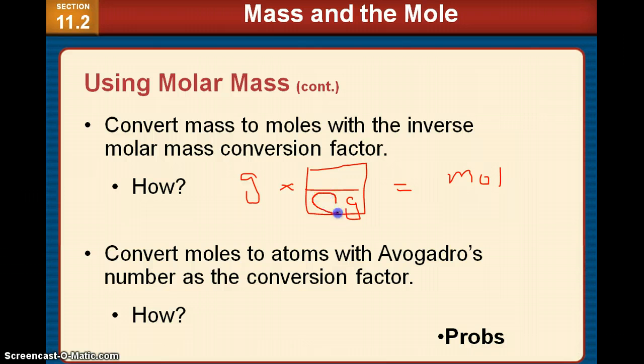Grams, which is my molar mass, with 1 mole on the top, so that grams and grams disappear. So if I want to switch that around and go from mass to moles, all I do is use the inverse. And there's an example on page 316.